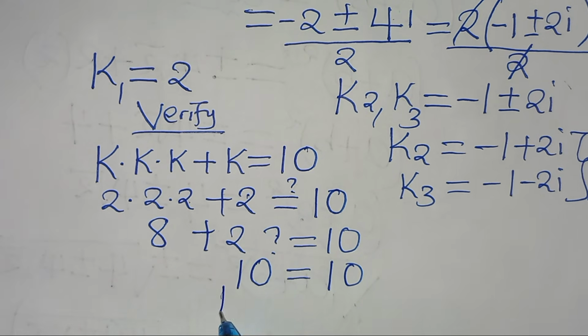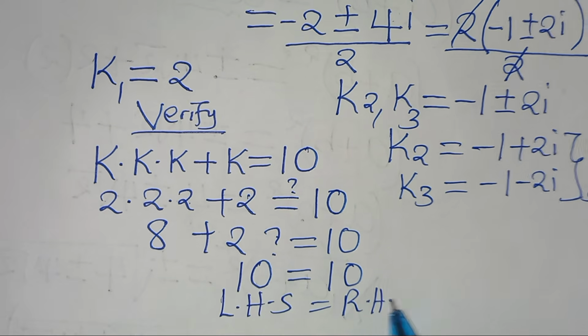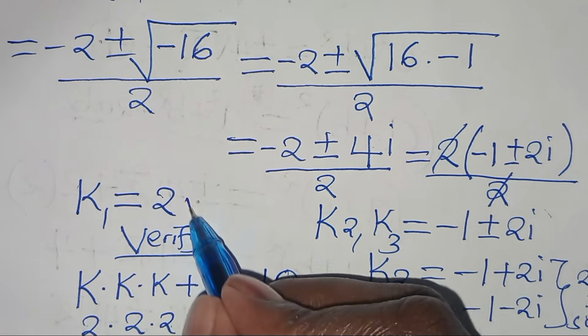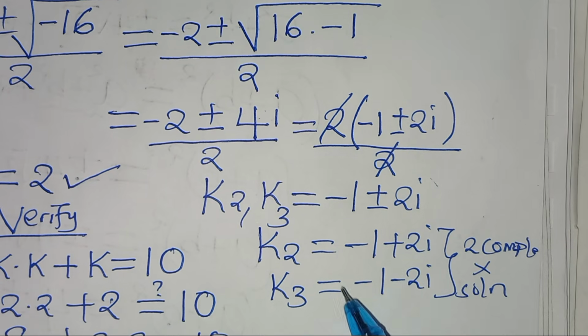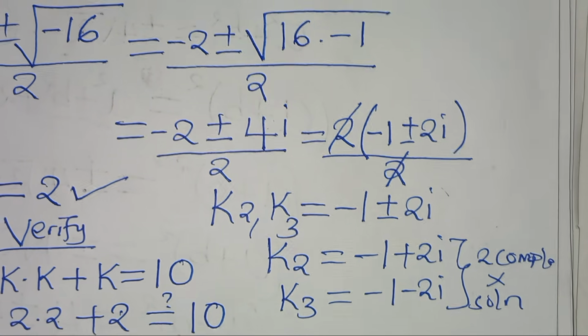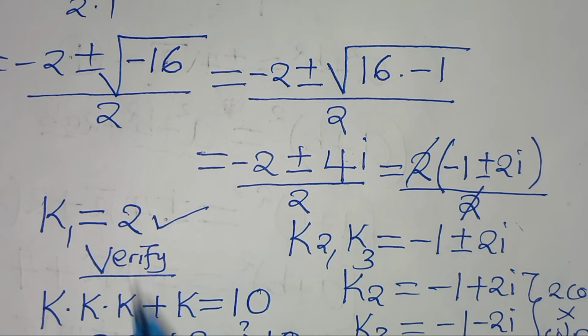And this implies that the left hand side is equal to the right hand side, and that k1, which is equal to 2, satisfies the equation. Again, we have two complex solutions, which totals to 3 solutions. So we have two complex solutions and one real solution.